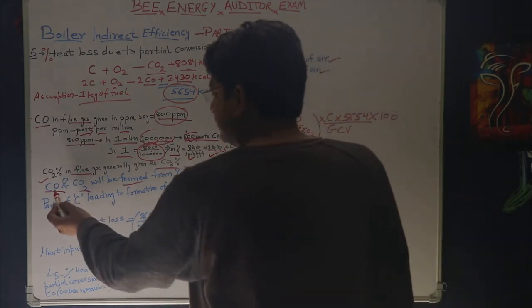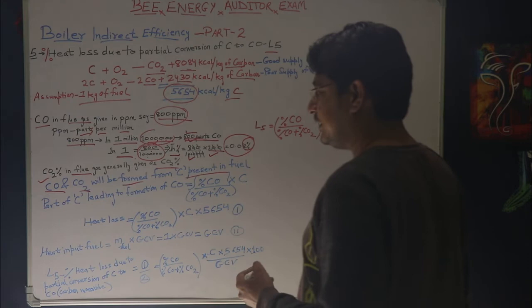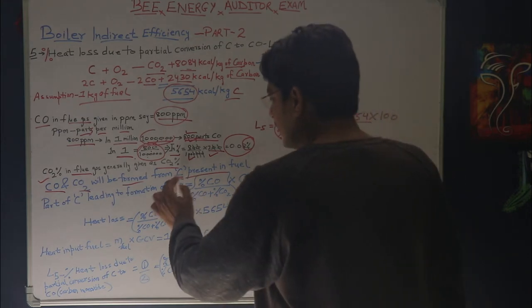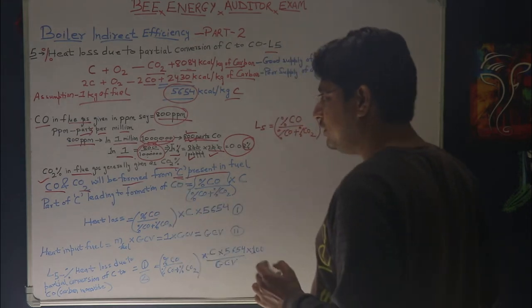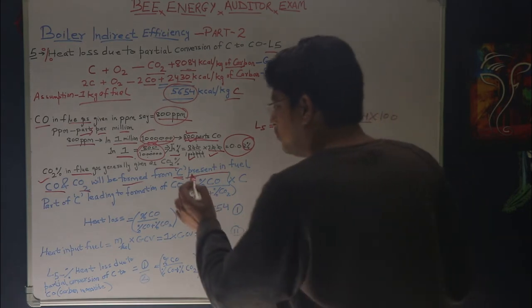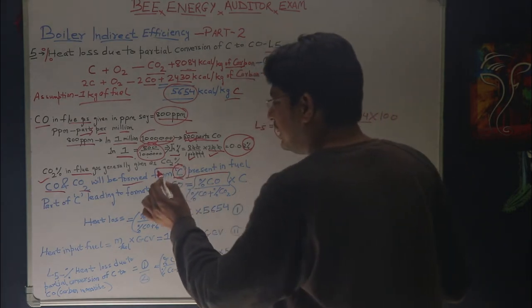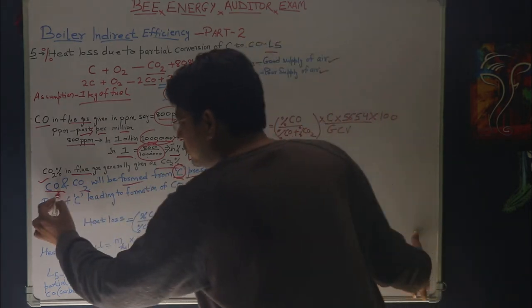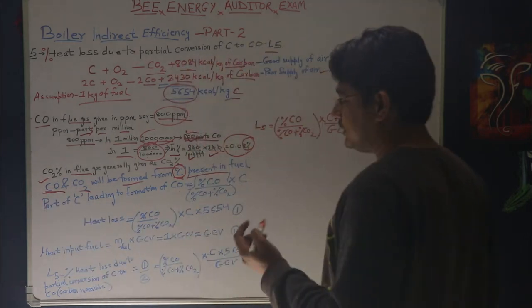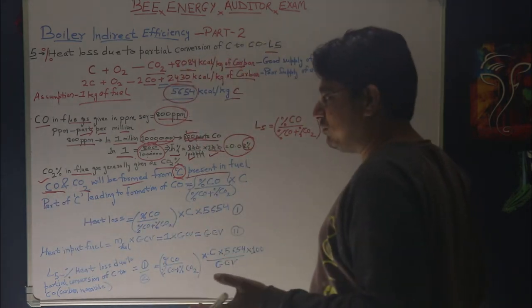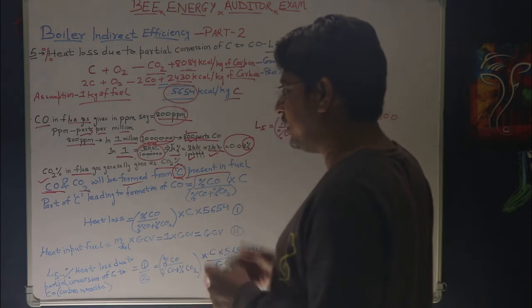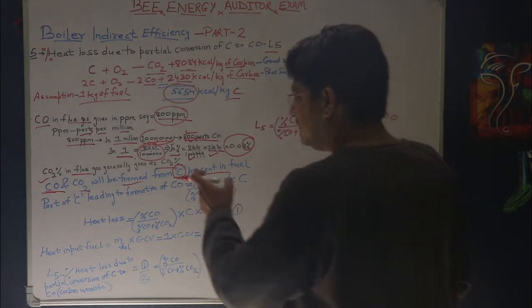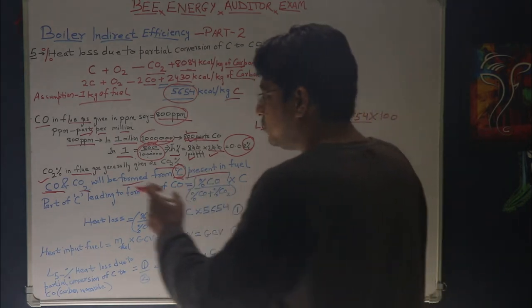Now since CO and CO2 are getting formed from the carbon present in fuel itself, we need to calculate how much part of this carbon has resulted in the formation of carbon monoxide.